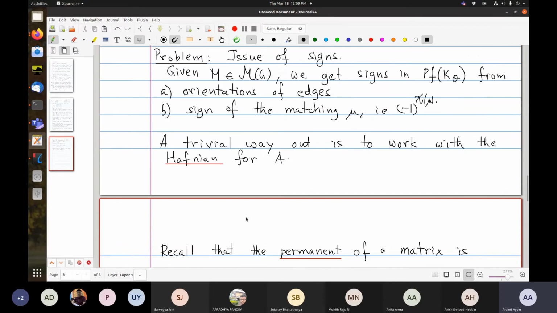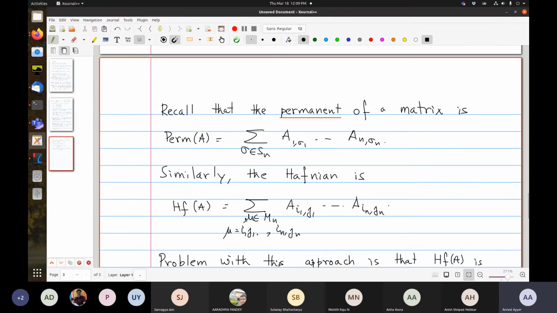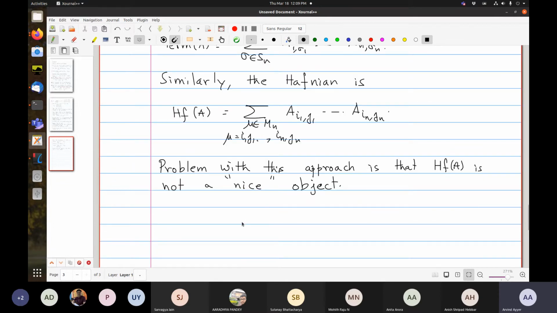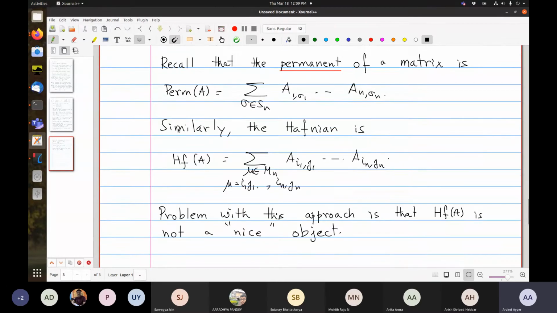As you might have guessed, the Pfaffian is named after a mathematician, Pfaff. It's a German. And I think this Hafnian is more like a joke. I don't think there's anybody called Hafnius. It's just a play on words.